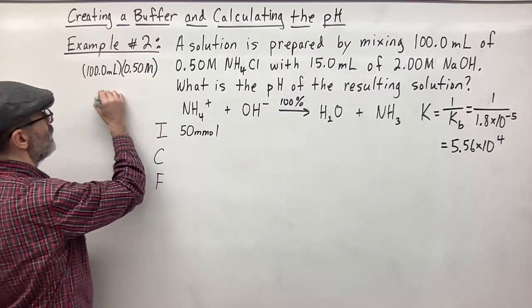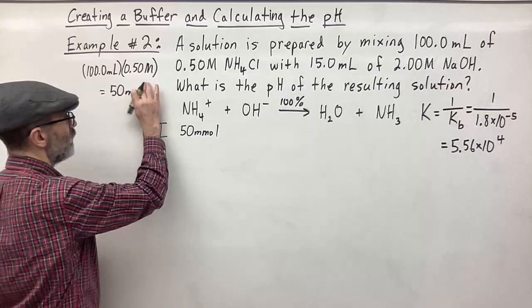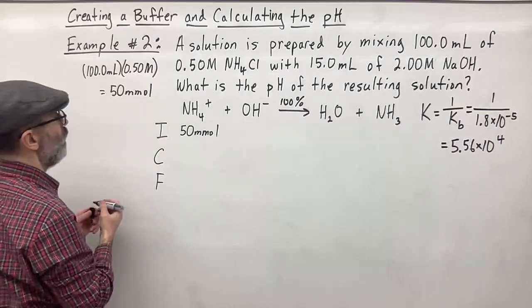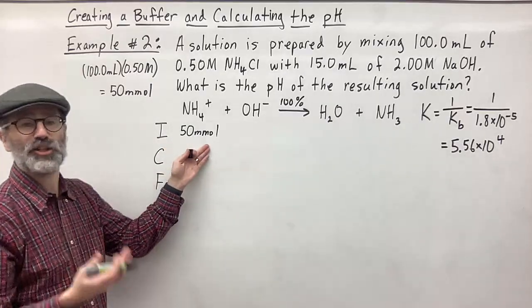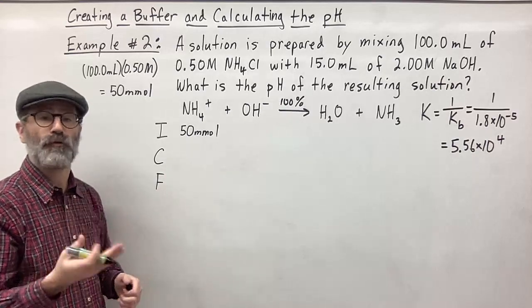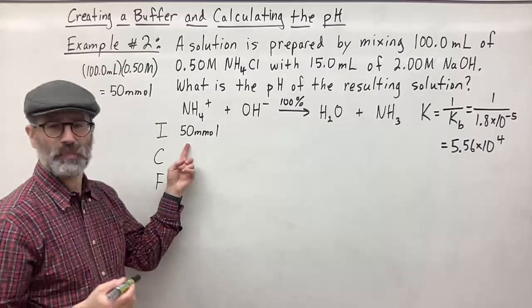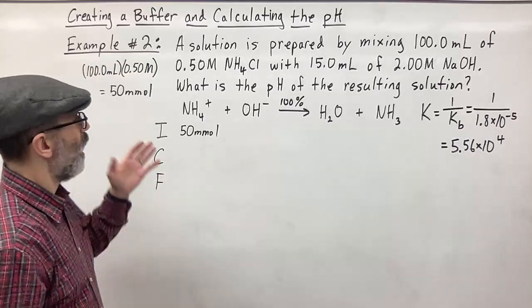You multiply that together, you get 50 millimoles. Okay, so that's where I get millimoles. 50 seems to be an easier number to work with than 0.050 moles, right? So that's why we prefer millimoles, because they're just nice numbers to work with.